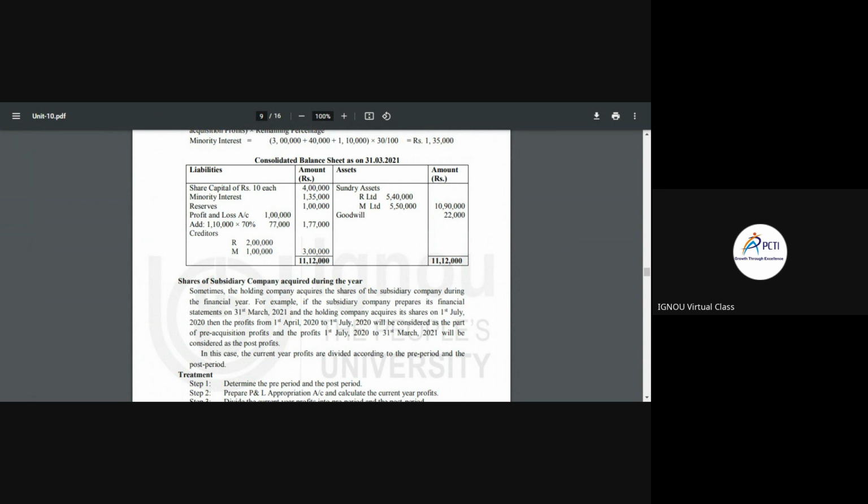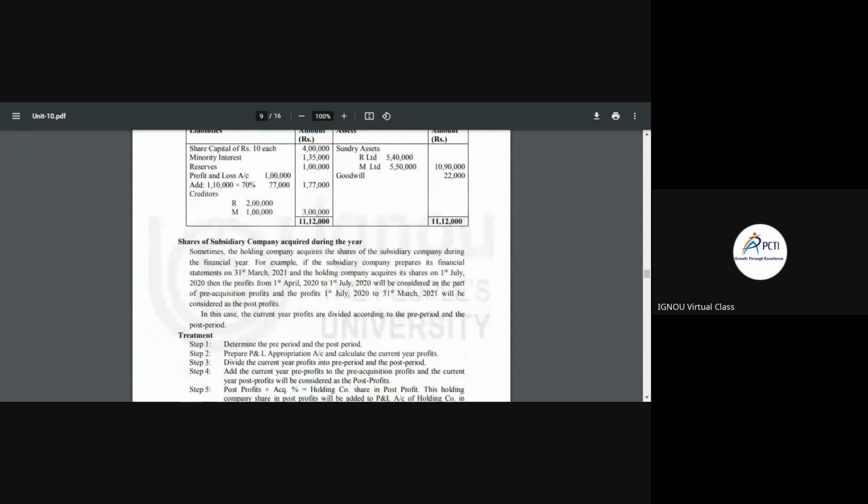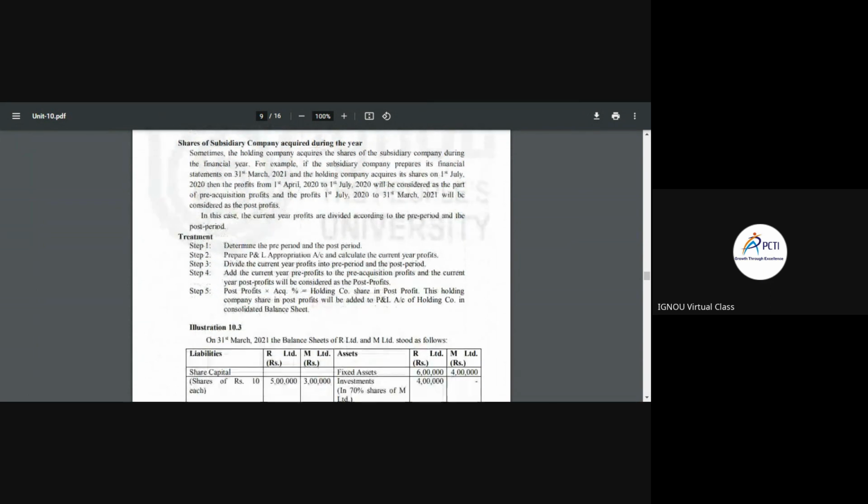Now we need to discuss the shares of a subsidiary company which are acquired during the year. Sometimes the holding company acquires the shares of the subsidiary company during the financial year.